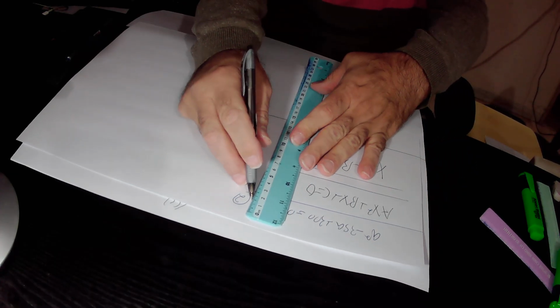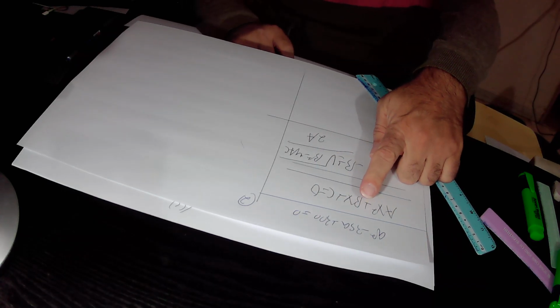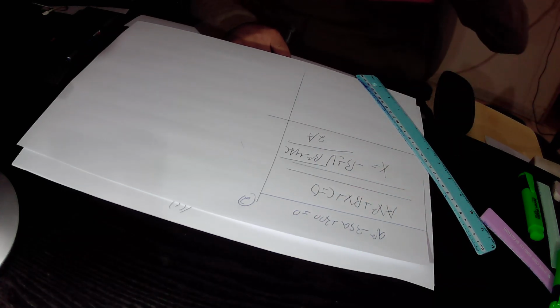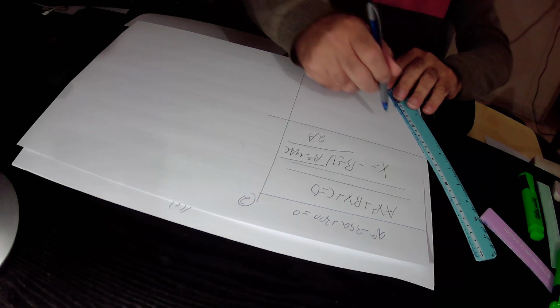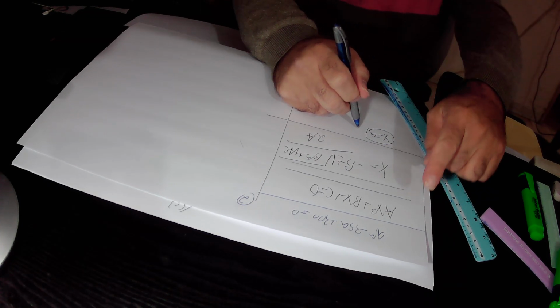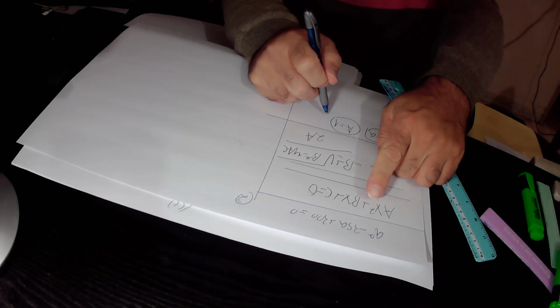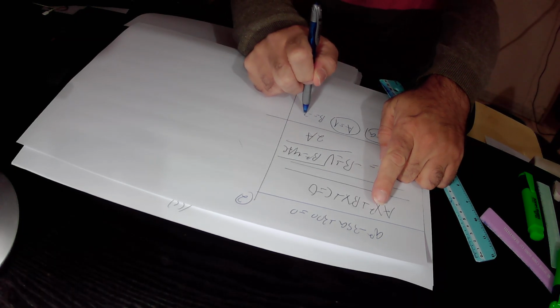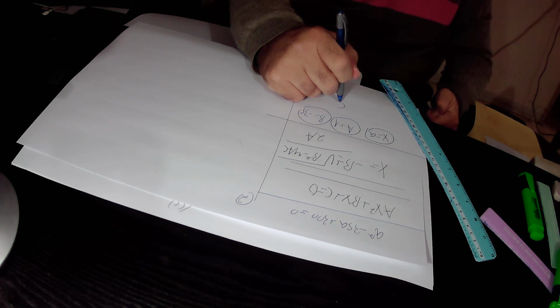In our specific quadratic equation, that is to say a squared minus 35a plus 300 equals 0, the variable that we are looking for is a. Therefore, x equals a. The coefficient a equals 1. The coefficient b equals minus 35. And finally, the coefficient c equals 300.